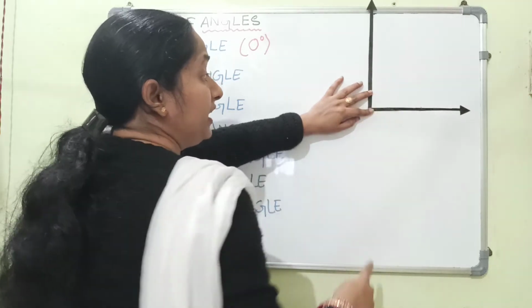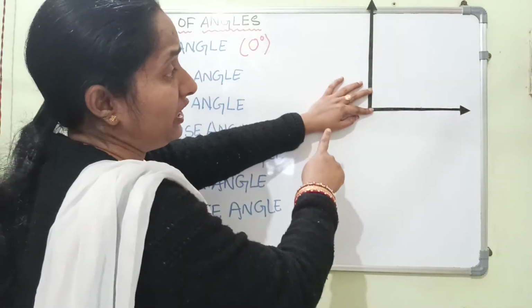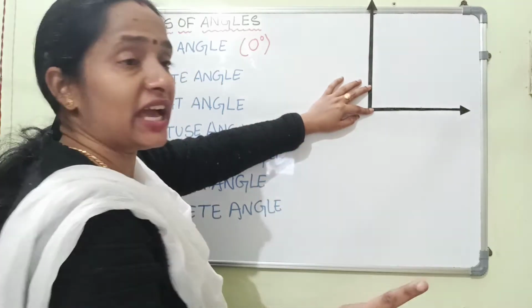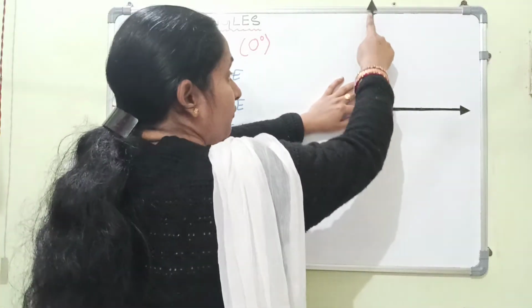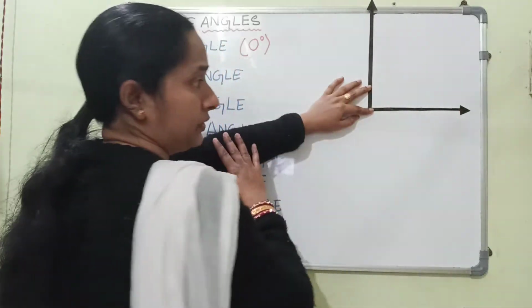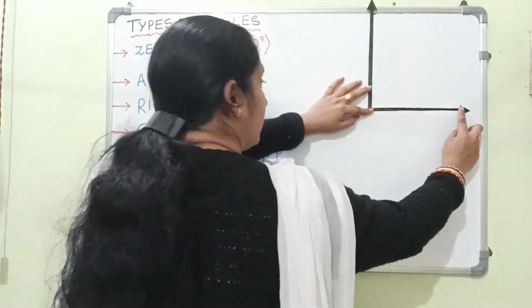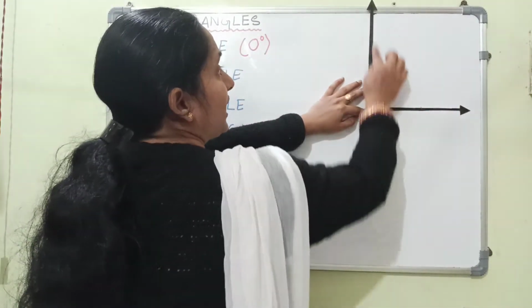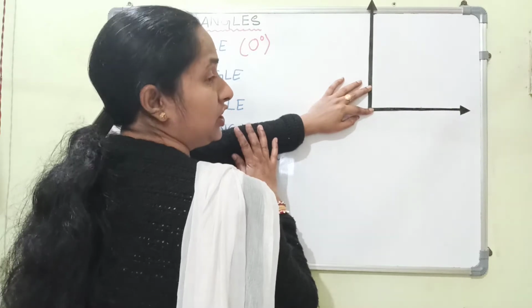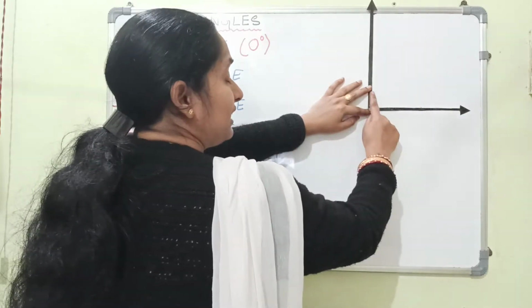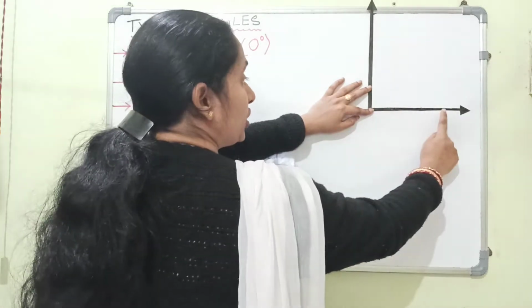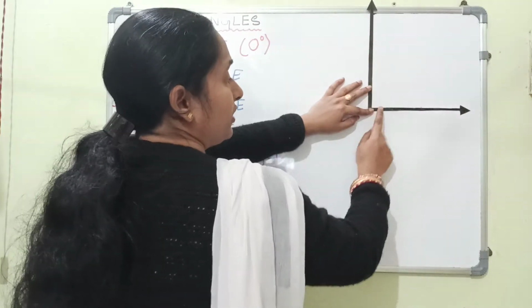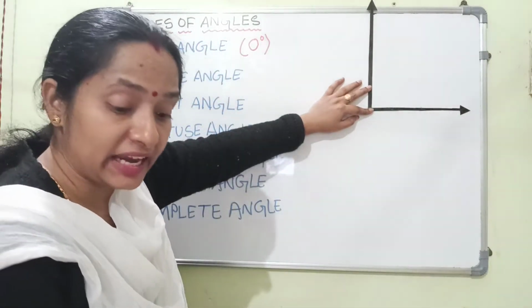Now you will find when the angle between both the arms is 90 degree, they form an L shape where one of the arms is horizontal whereas the other arm is vertical to it. So the angle formed by a horizontal and a vertical arm will be called a right angle.